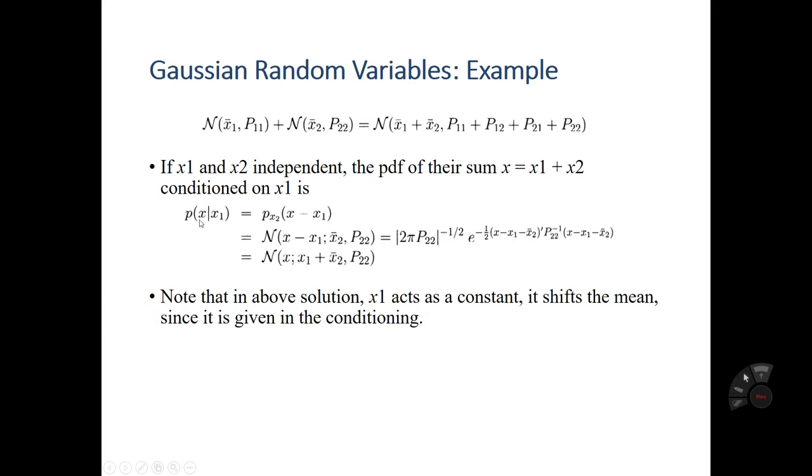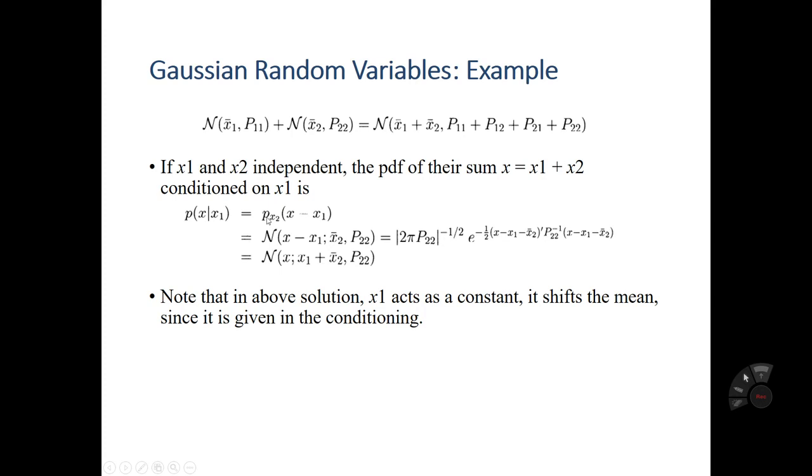So the conditional probability of our argument, conditioned on x1, which means we already have the data of x1. Now we are finding the PDF of x conditioned on x1, which equals p of x2 of x minus x1.